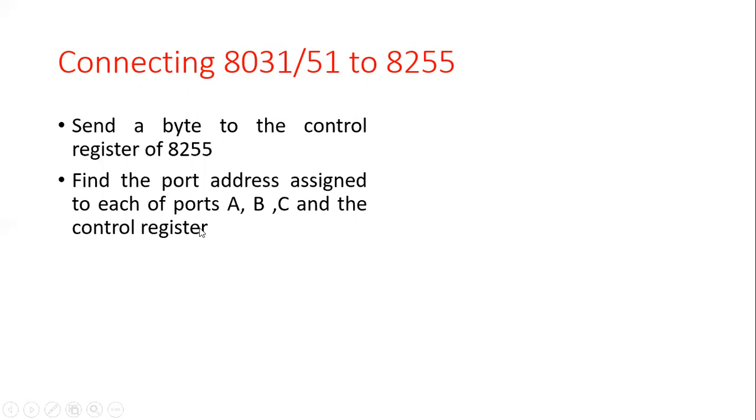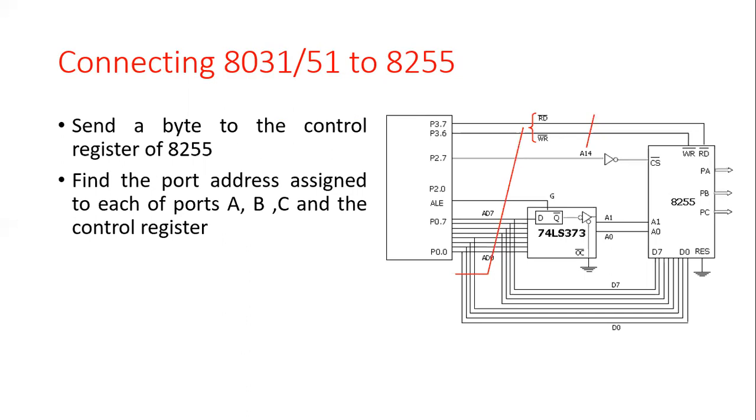After sending it, we have to find the port address assigned to each of the ports. What are the ports? A, B, and C, and the control register. Using this, we can get it. As I told you, now does this diagram look similar?